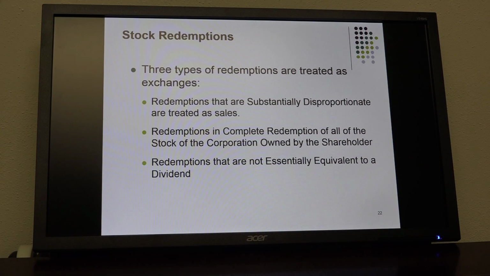Another type of redemption that will be treated as an exchange if you meet the requirements is a complete redemption of all of the stock of the corporation owned by a shareholder.